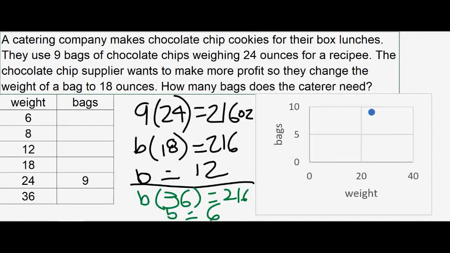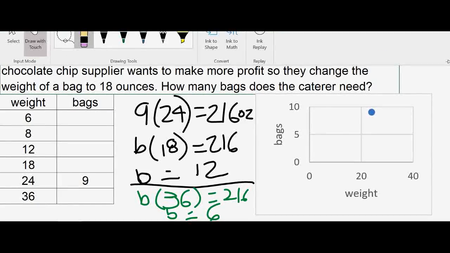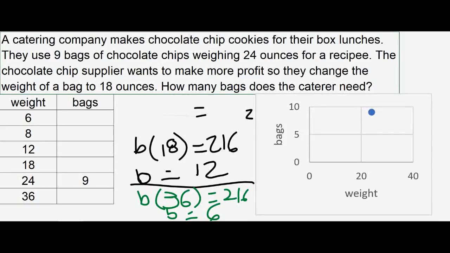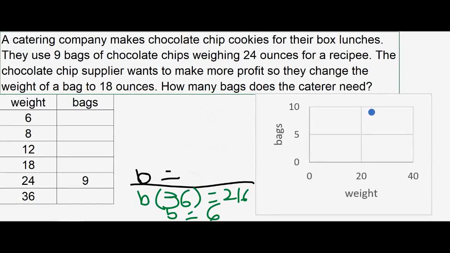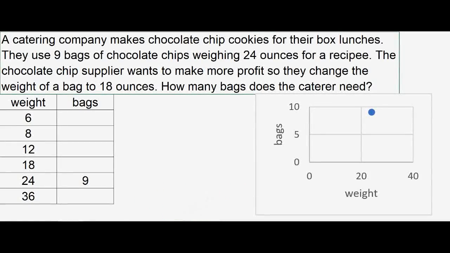So you see, I'm always multiplying to get 216 because I know that's how many ounces I need. So I'm going to look at a formula now because we've got the weight per bag. What I've been doing is plugging that in and then just solving the multiplication problem.